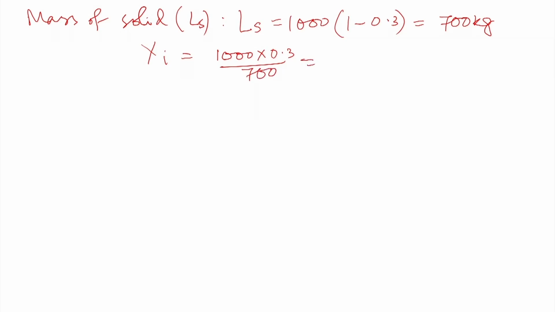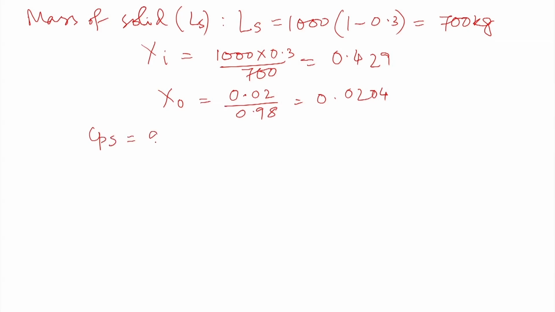So this is nothing but 0.429, and this x out is only 2%. So we can say that is the desired one: 0.02 by 0.98. So that will be 0.0204.